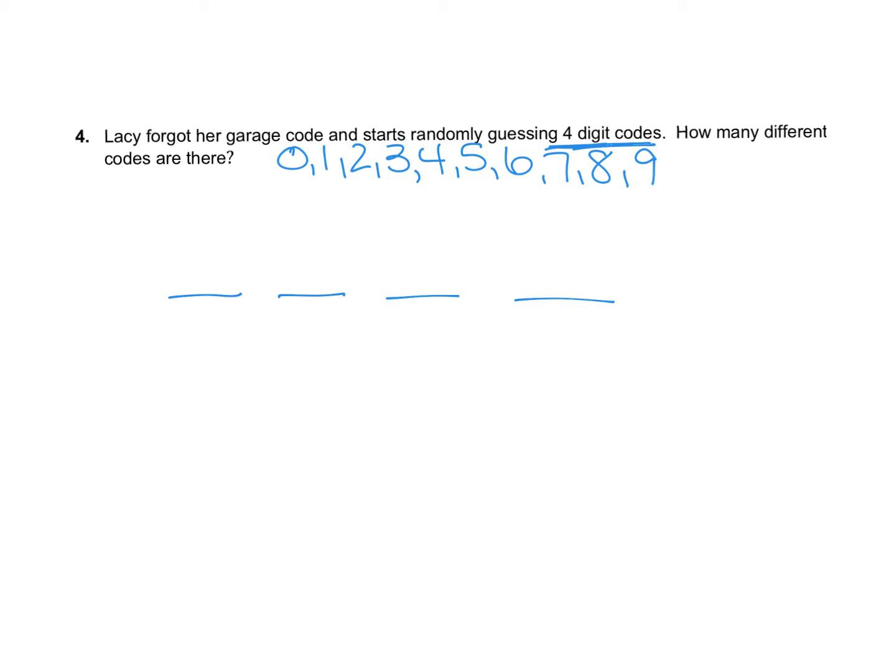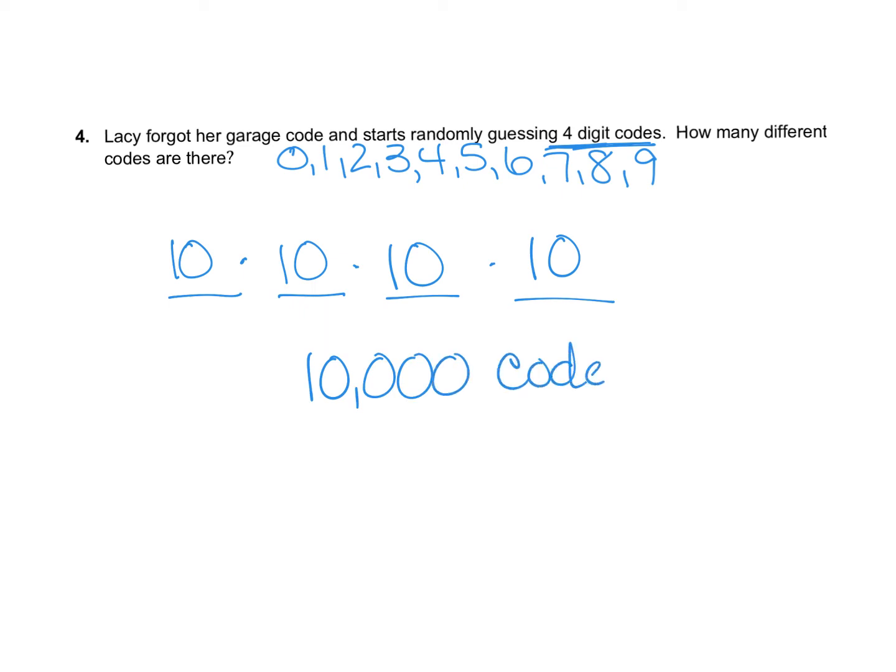So I have 10 possibilities for my first number, 10 possibilities for my second, 10 possibilities for my third number, and 10 possibilities for my fourth number. So when I multiply all these together, I now have 10,000 different codes that I could make of these numbers, 0 through 9, for 4 digits.